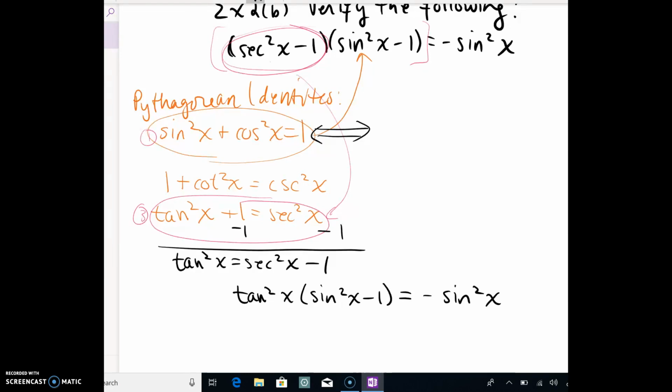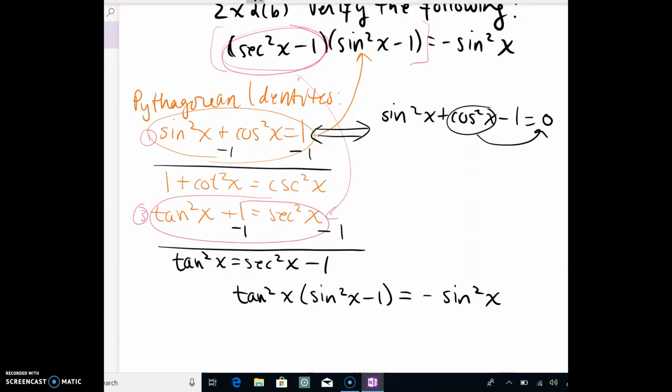But notice that I could subtract 1 from the left-hand side, and that gives me sine squared x plus cosine squared x minus 1 is equal to 0. But I want to figure out what sine squared x minus 1 is, so I can move the cosine squared x over to the other side under subtraction.